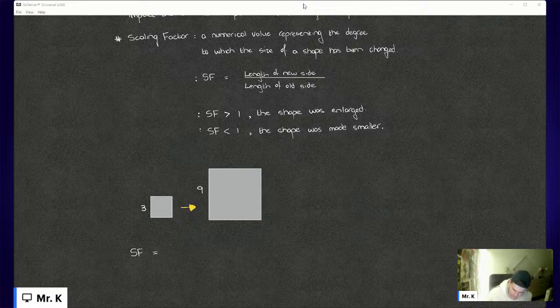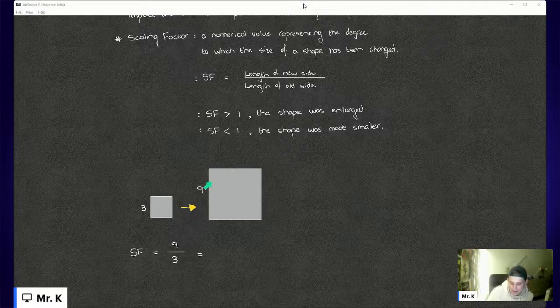Remember, we're going to take the length of the new side, which is 9 units, and divide by the length of the old original side of that shape.